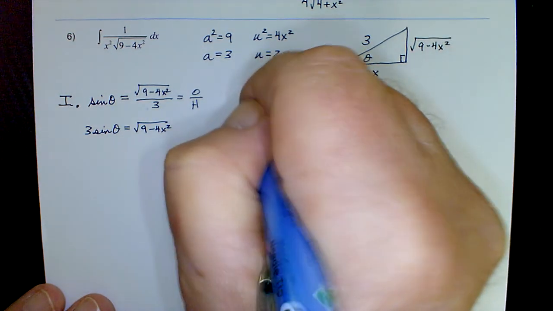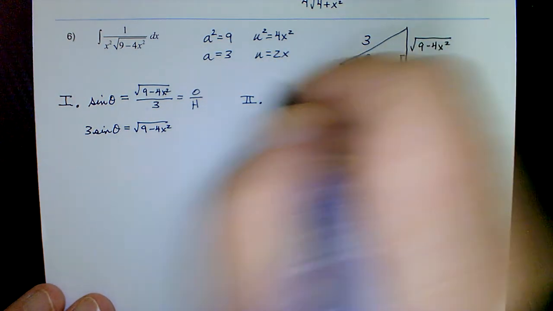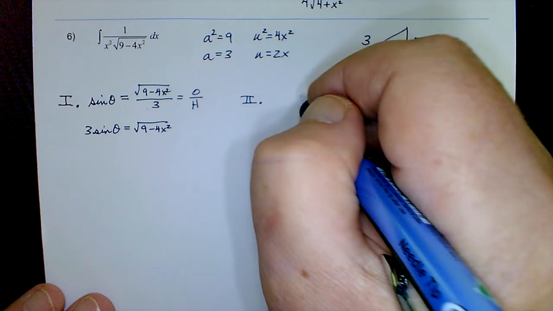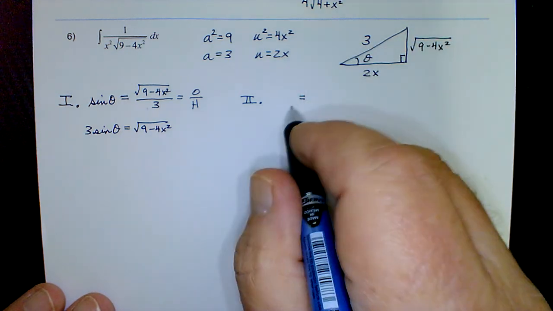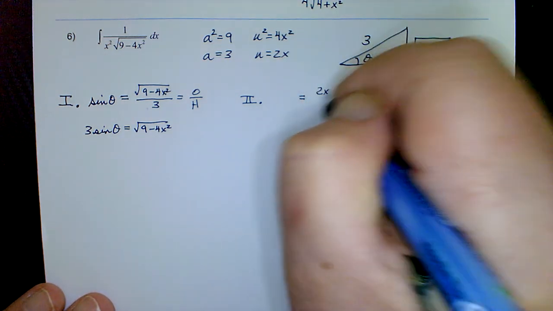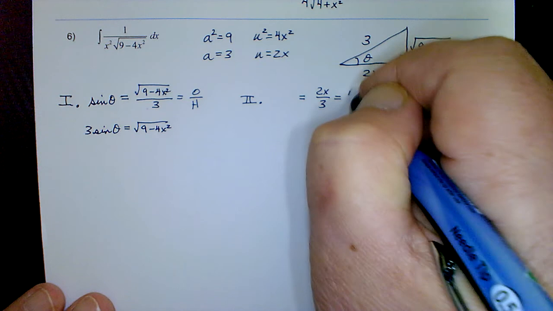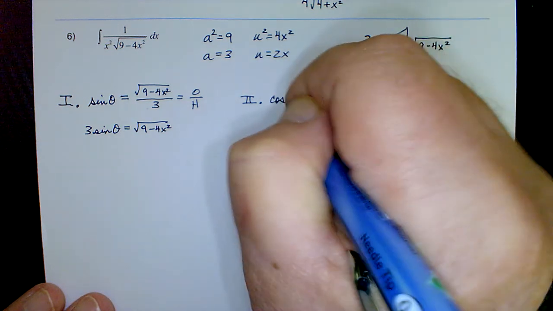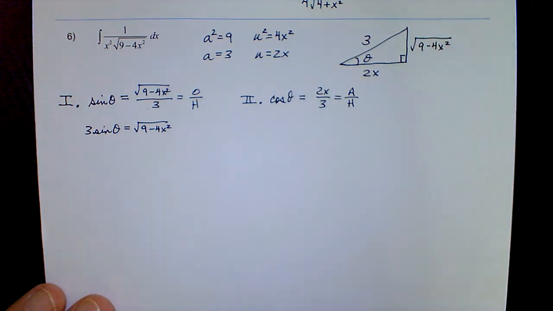And then guess what trig function is going to be generated here? Well, if it's sine here, we'd expect a cosine. Let's see. Remember, you always just force u over a, in this case 2x over 3. 2x is adjacent, 3 the hypotenuse, and as expected, there's a cosine.